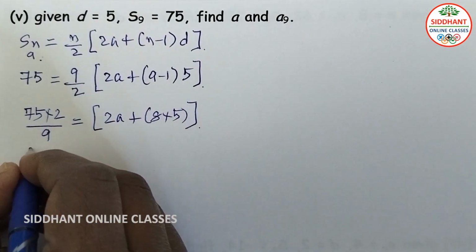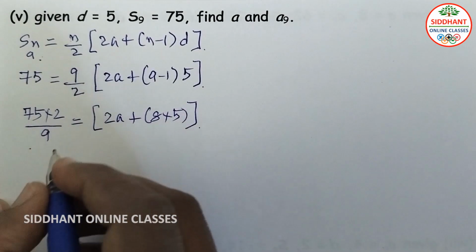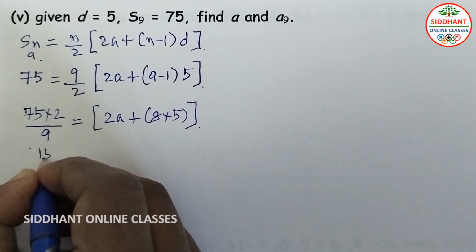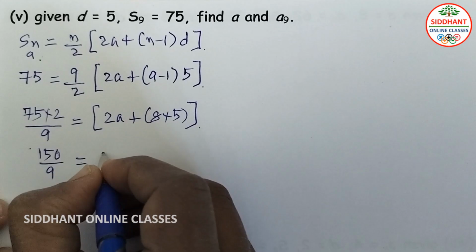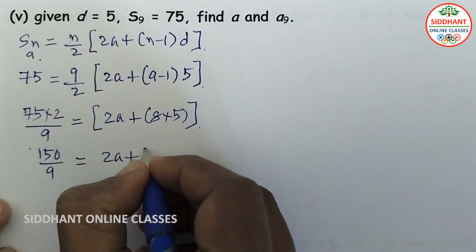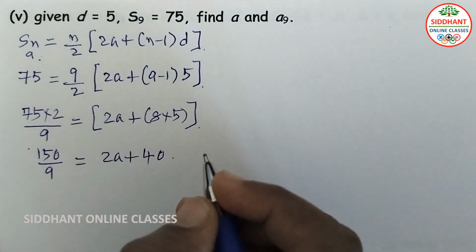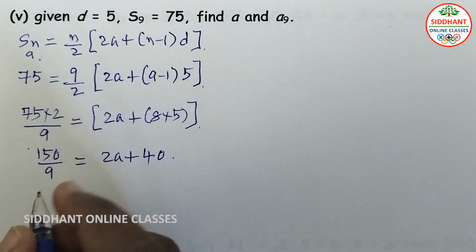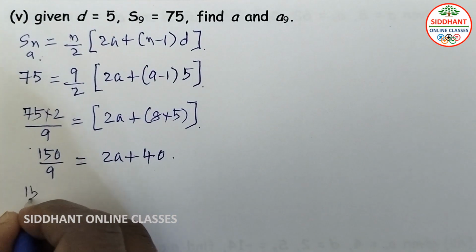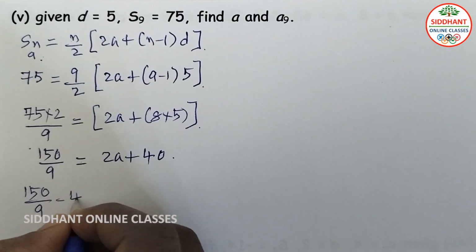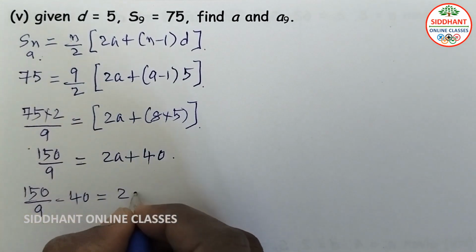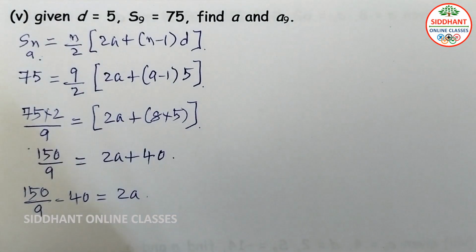So now 75 into 2 will be 150 by 9, that equals 2a plus 40 here. So 40 goes to the left side, which will be 150 by 9 minus 40 equals 2a here.